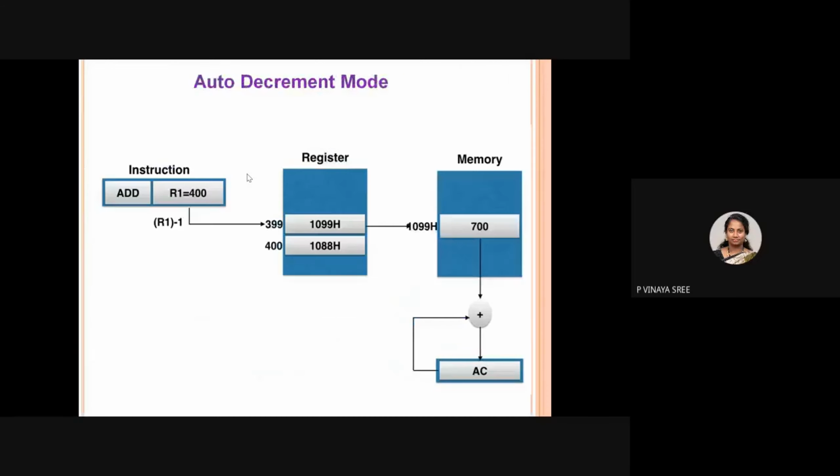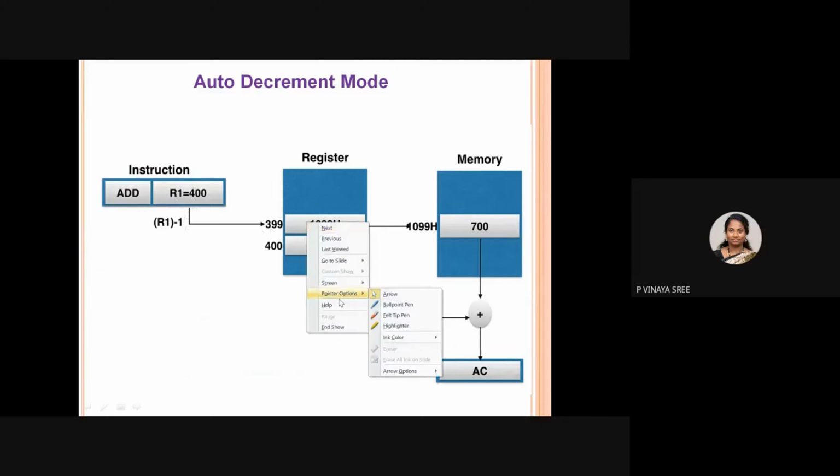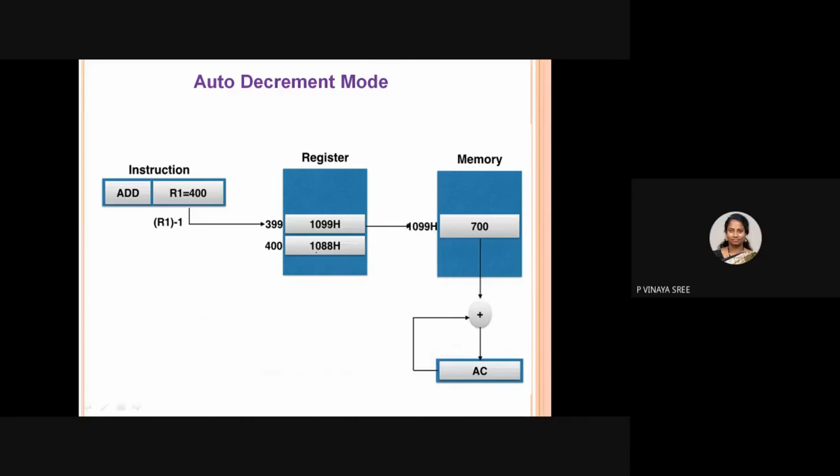So in auto decrement mode, first the contents of the register will be decremented. The register value is 400, it will be decremented. Now it is 399. This 399 is an address, not the operand.